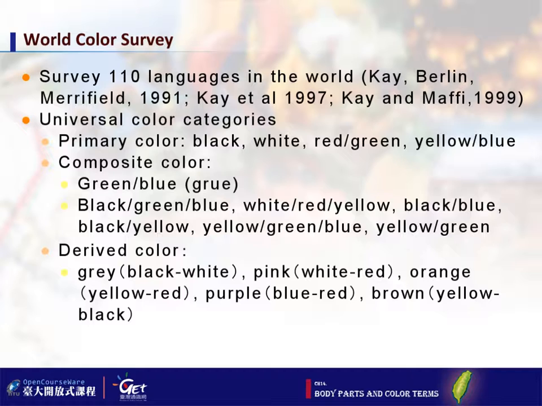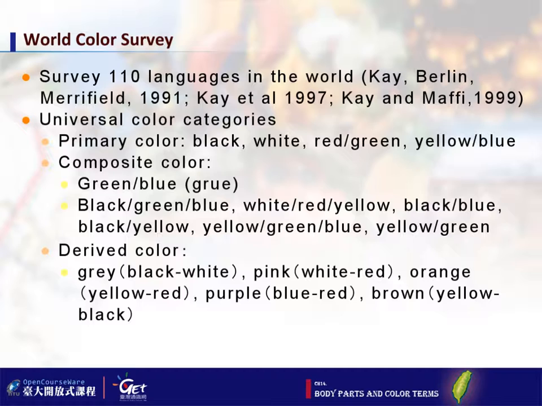But we are most interested in the first type, green and blue. And there are derived colors, which are actually made by mixing primary colors. For example, you mix black and white and come up with gray, white and red will be pink, yellow and red will be orange, black and red will be purple, and yellow and black, brown. So these are the derived colors.